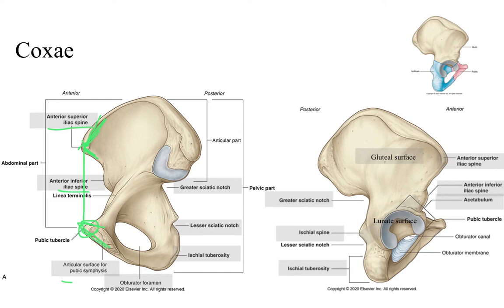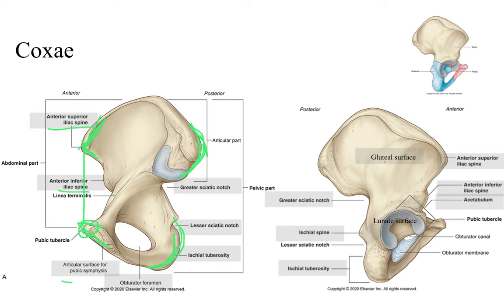All right, so anything that is coming to a point is going to be the anterior. And then you notice the back, it's kind of rounded. So the posterior superior iliac spine is kind of a rounded process, and the ischium is also a rounded process. So you'll see the points in the front, rounded processes in the back.